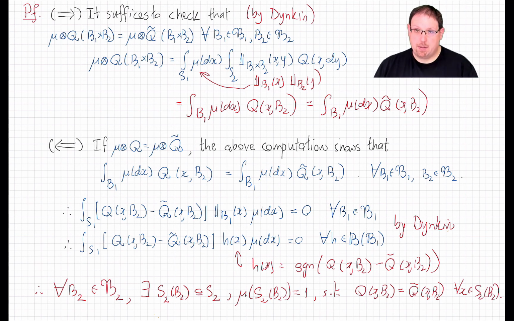Now here's the problem. You want this to be true for a probability 1 set of x's for all sets b2. But every infinite sigma field is uncountable. So you're taking an uncountable intersection of measure 1 sets. That's not necessarily going to be measure 1 anymore. Here's where the countable generation of the sigma field comes into play.